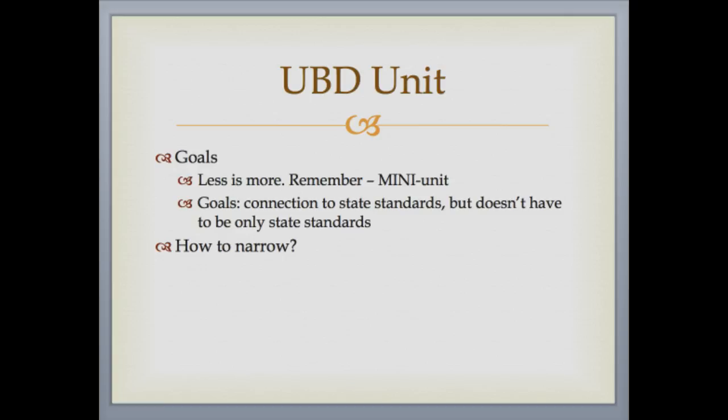We will do some workshopping of your unit plan drafts, and so you will be able to get some feedback from peers and from me about which goals are most useful and the quantity of goals that you've picked.